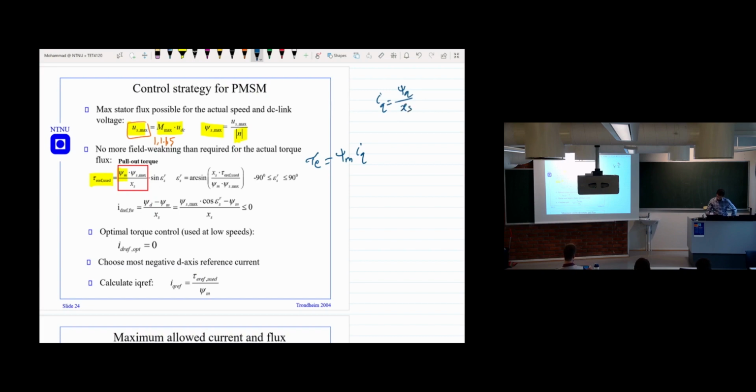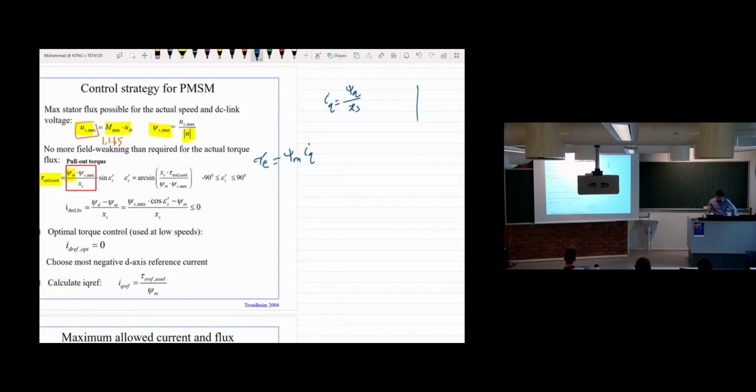And then if you look at the stator flux, psi s, and if you have this angle here, which you can call epsilon sr, this one is the q axis and the d axis, and then psi q you can write as psi s max sine of epsilon sr, divided by xs.